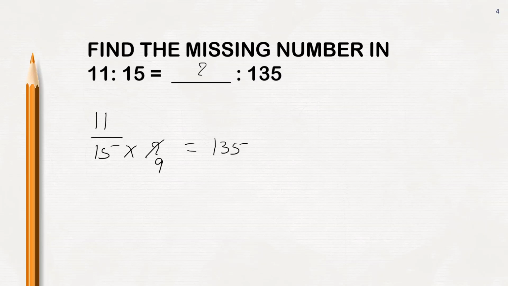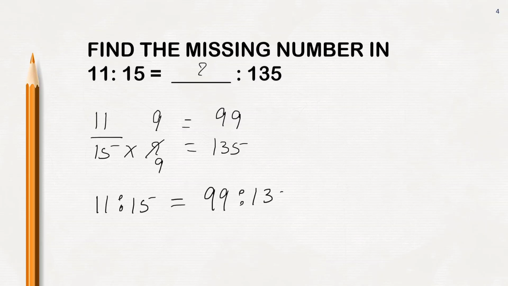So in the numerator place also, 11 should be multiplied with 9. 11 9 times equals 99. So 11:15 equals 99:135.